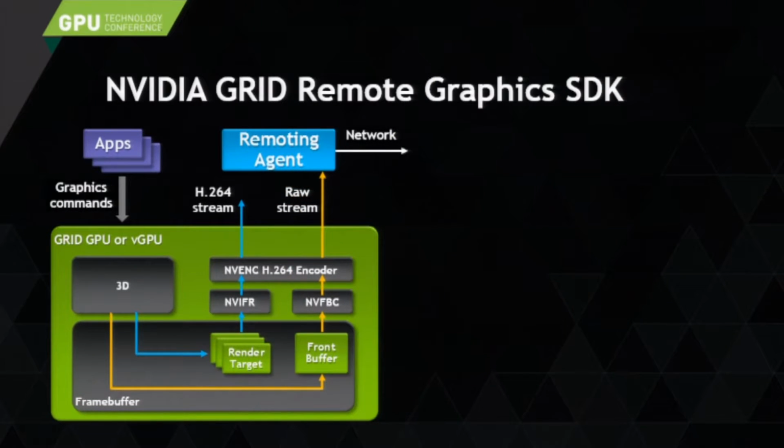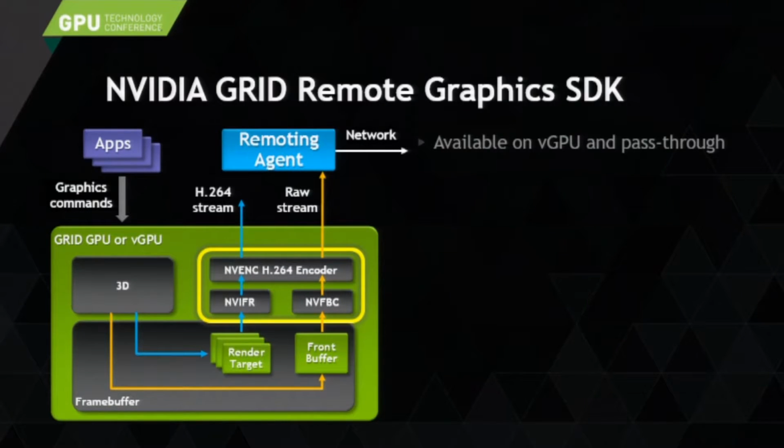So in this SDK, the Grid GPU is optimized to deliver high-performance remote graphics. It supports fast readback of individual rendering contexts, or the entire OS desktop using APIs called NVIFR and NVFBC.